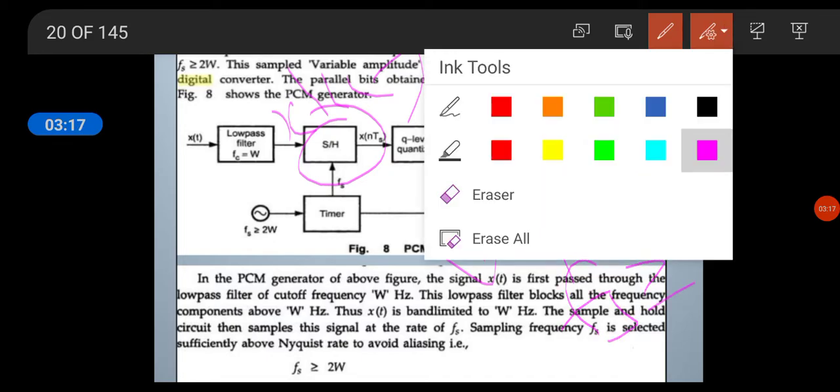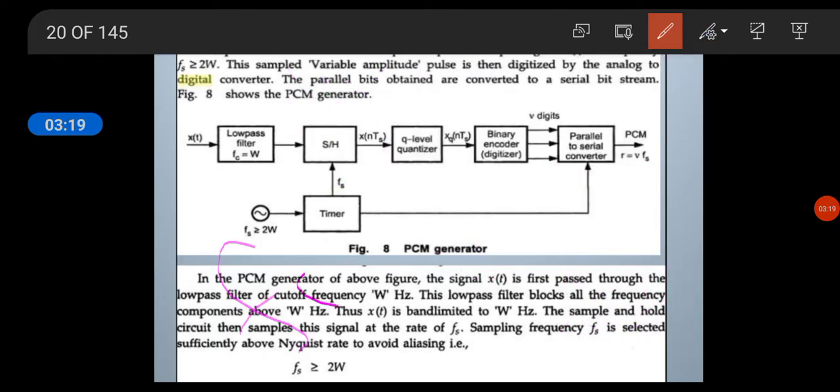We have discussed this. The sampling rate for any analog signal should be fs greater than or equal to 2W. Why do we take that? Because a sufficient gap will be there in the spectrum. For that purpose only we go for a sampling rate greater than or equal to 2W.